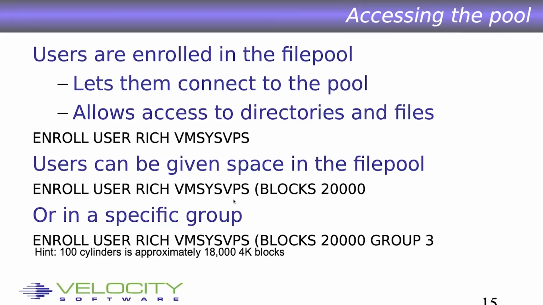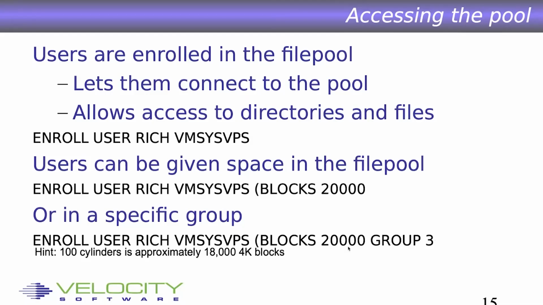To enroll a user in a different group, we can add the group option. So if there was a group 3 defined to the file pool based on the pool def earlier, now user Rich will be enrolled in group 3, and this space will be taken from the minidisks.